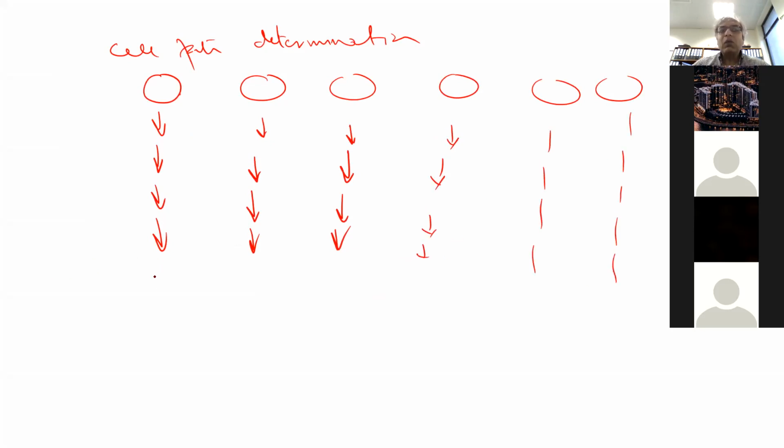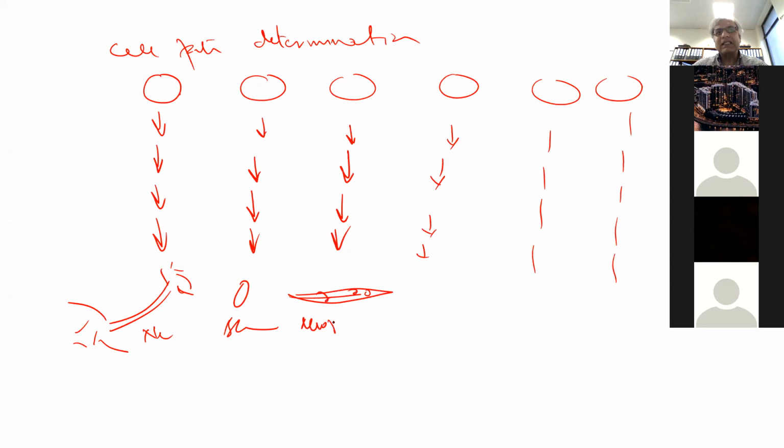And what we see eventually, the end result, is morphologically differently looking cells: neurons, blood cells, muscle cells, and so on. The heart cells.